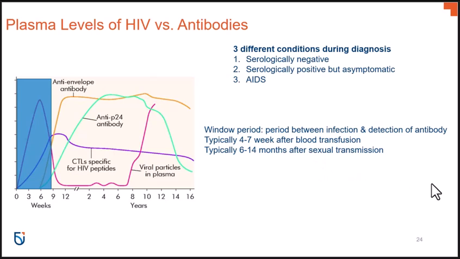The reason for that difference in window period is that the amount of blood entering the body after sexual transmission is quite small compared to a blood transfusion, which would signal the production of antibodies a lot faster than if it's been contracted after sexual activity.